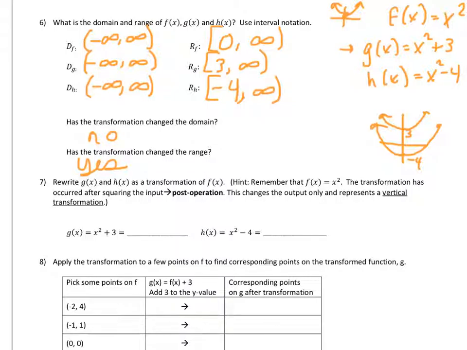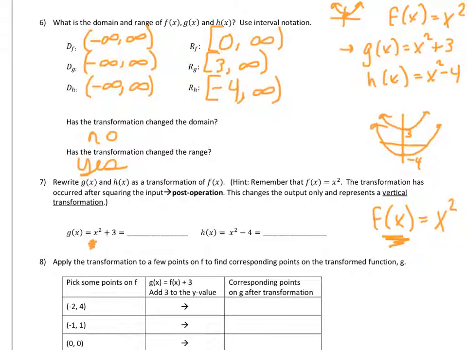All right, I want to rewrite g and h as a transformation of f. So instead of x squared plus 3, I want to write this in terms of f. So remember that f of x equals x squared. So wherever I see an x squared, I could replace it with an f of x.